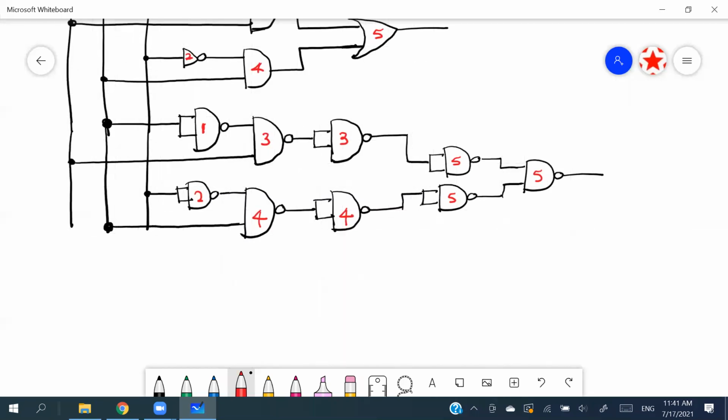And now we can minimize these things, or we can simplify this. So how do we simplify that? We consider the places where a NOT gate is fixed in front of another NOT gate, right?